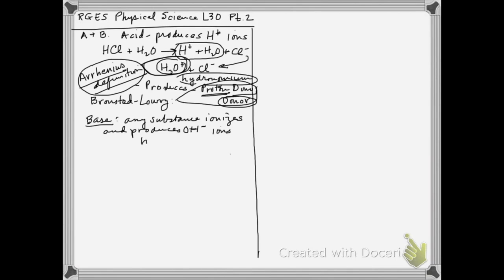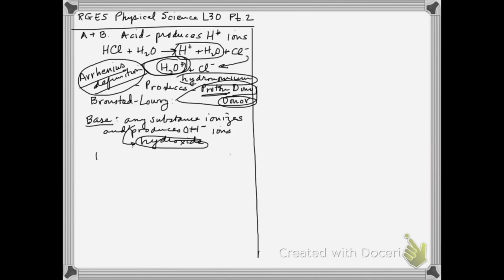And they call these hydroxide. You guys know that. These are hydroxide ions. So the Arrhenius definition of a base is any substance that produces what? Hydroxide ions when it ionizes in water.